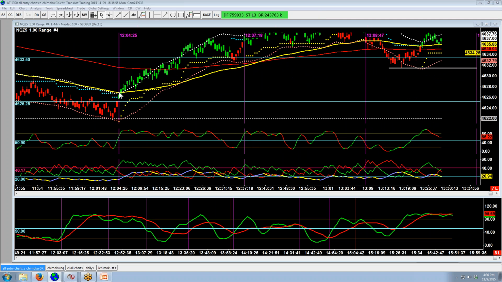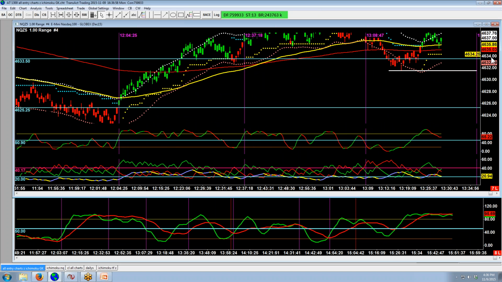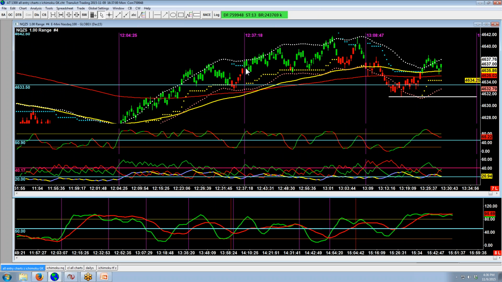So that's valid at 12:04. Here at 12:37, right here, we're still in overbought, even though our green line's below our red line, so we could take that. This isn't valid because we are in overbought at that time, so this short would not be valid. It actually was right here in this area here.